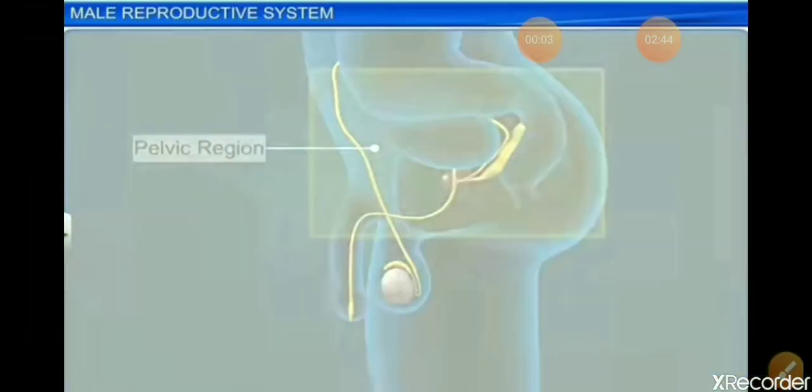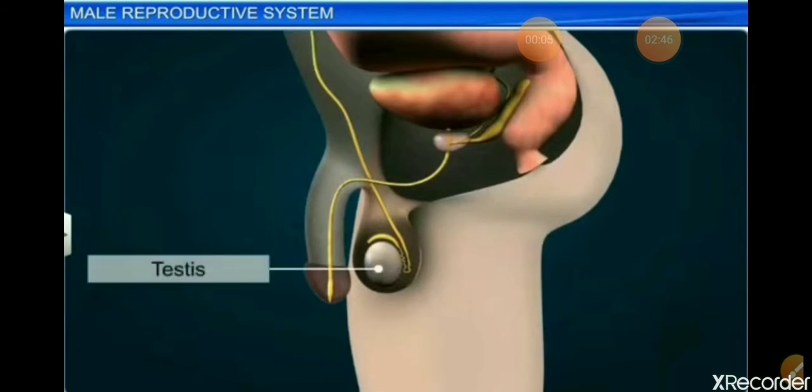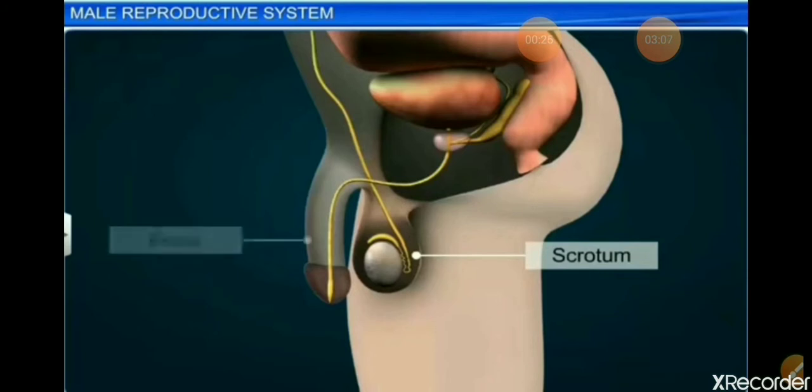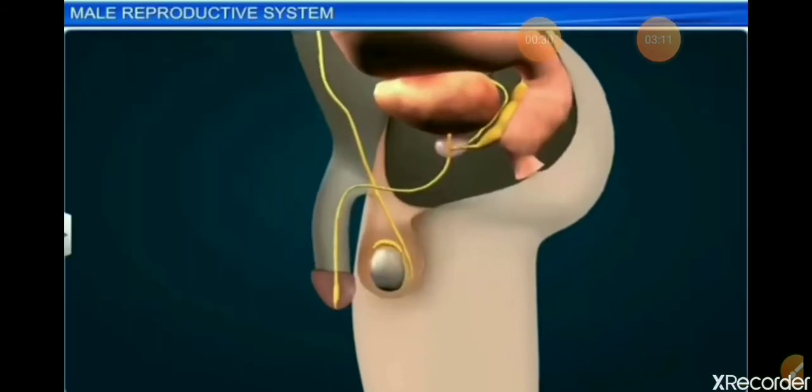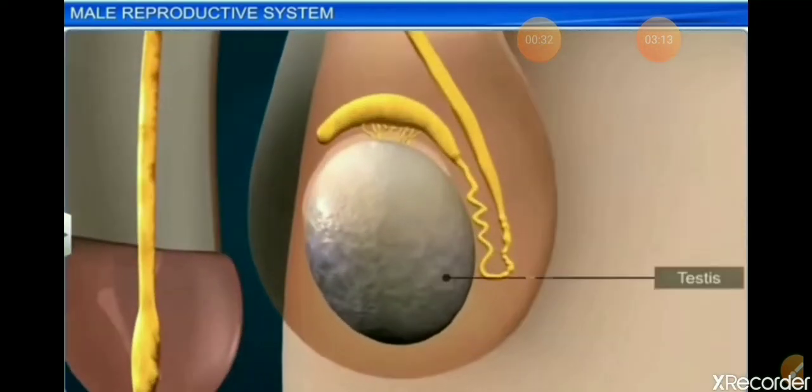So you can see that the system is found in the pelvic region, and the pair of testes lies outside the abdominal cavity within a pouch called the scrotum. The scrotum helps in maintaining a temperature lower than the body temperature by 2 to 2.5 degrees Celsius.